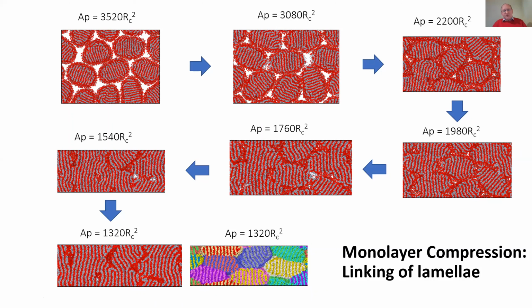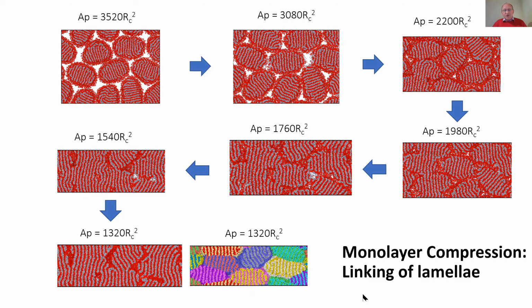In fact, this procedure and this simulation propose a pretty simple way to make films with perpendicular orientation of nanodomains. After compression, we can cross-link our film and make ready materials.